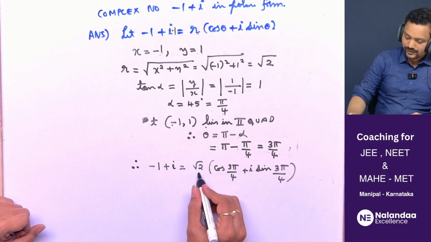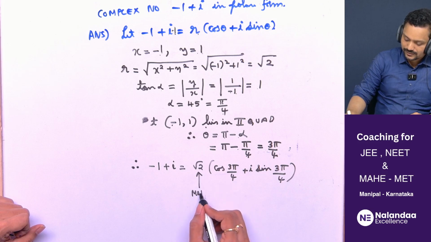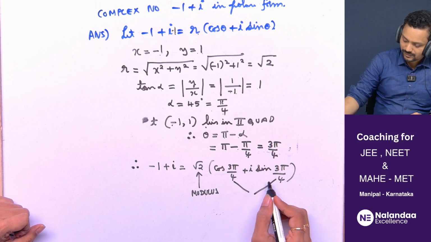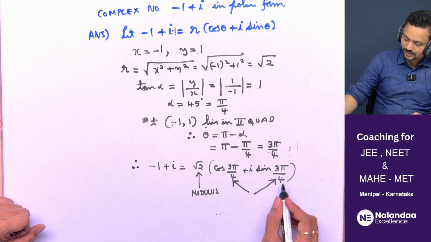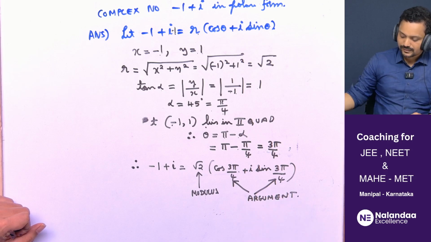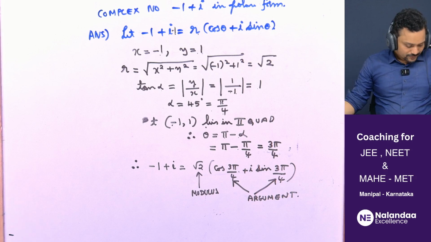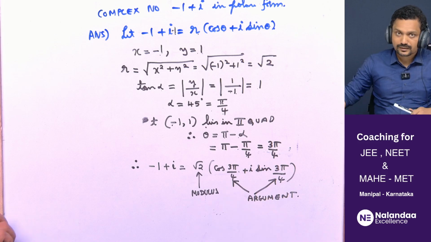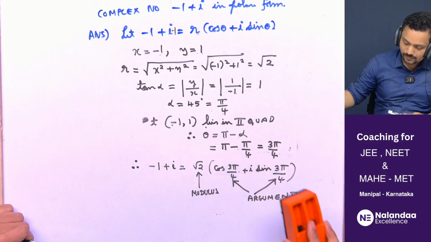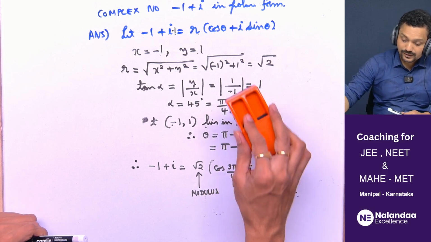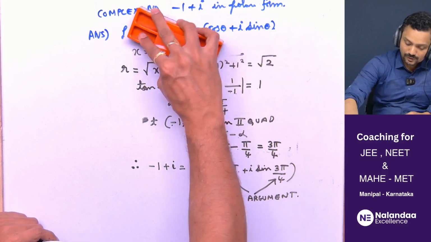Let me remind you again, root 2 is called the modulus, and this angle 3 pi by 4 is called the argument of the complex number. So this is the method to write the polar form. I was talking about that in the last class.